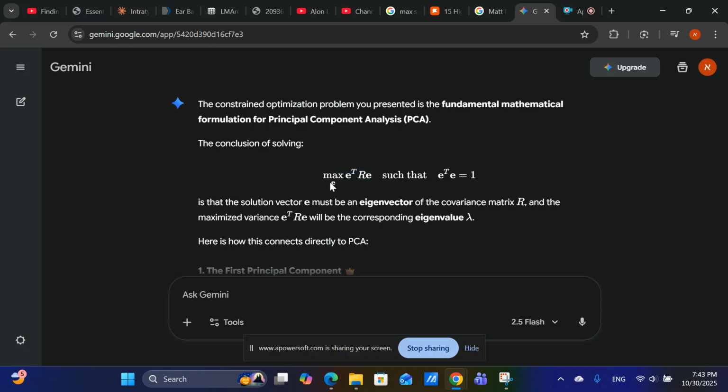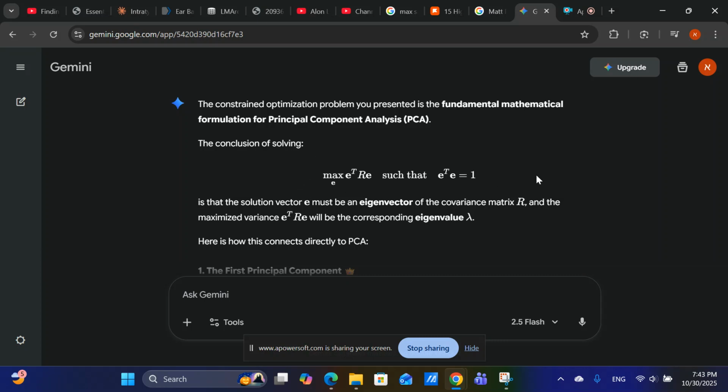So I want to maximize with relation to E. I want to find E that maximizes this, such that it will be a unit vector, because I want an orthonormal base. So I want to solve this constraint problem.